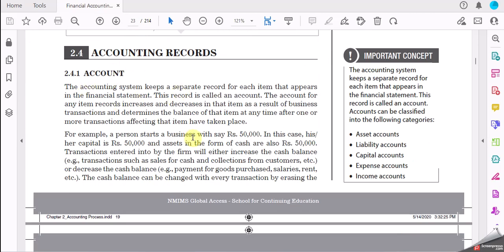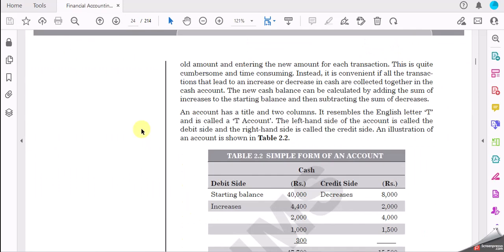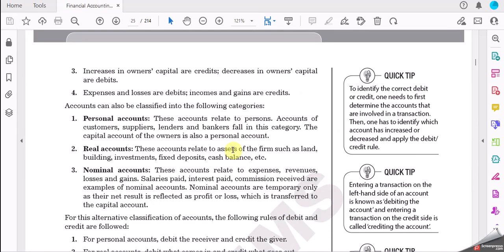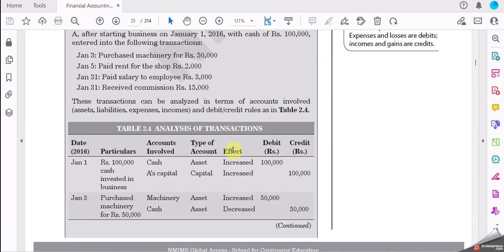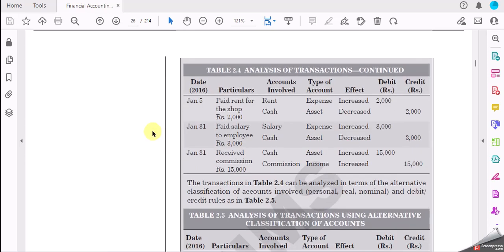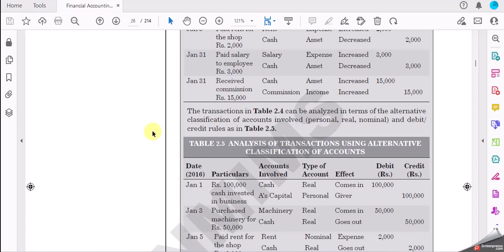Now coming to account records. In these account records, you have clear information about how accounts have been differentiated. When you come here, you have a close consideration of the same problem that we have, which can be transferred to our journal.